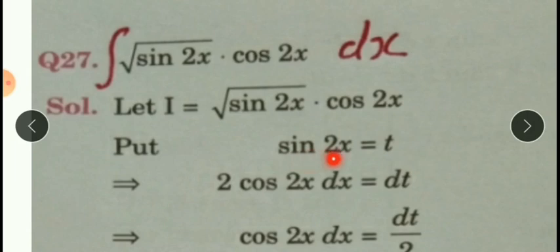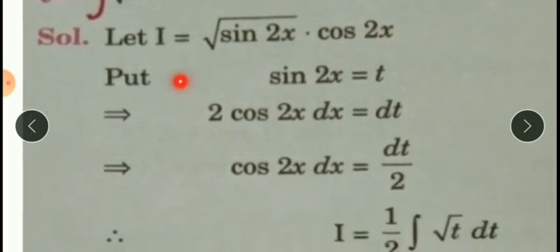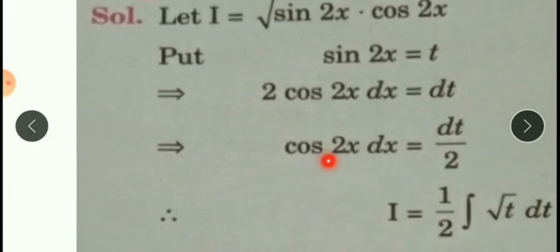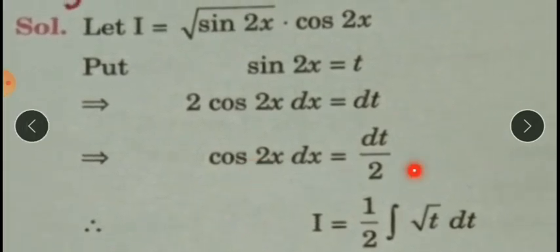Differentiation of sin 2x is 2 cos 2x dx is equal to dt. Refer to the expression, cos 2x dx will be dt. Cos 2x dx is equal to dt upon 2.